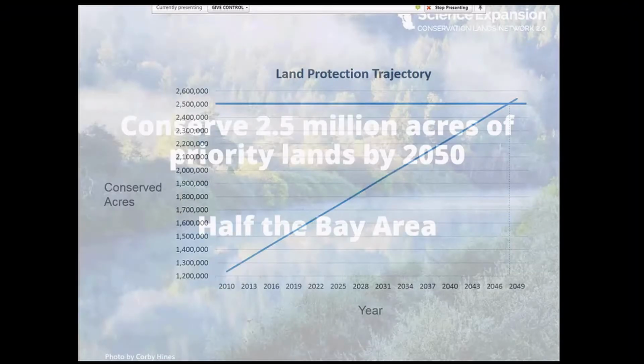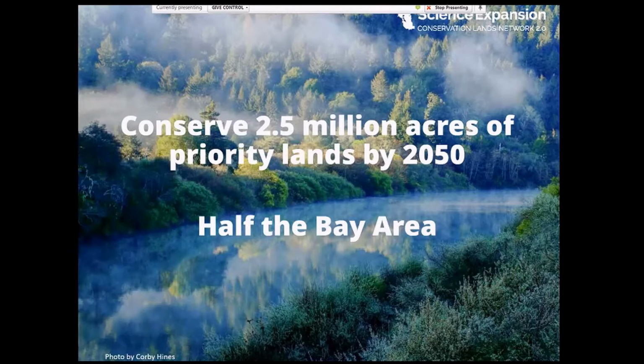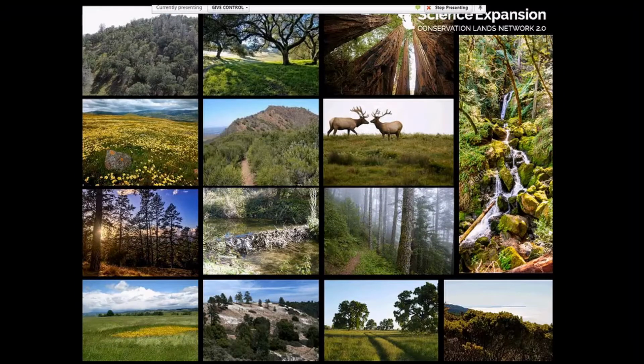And we're interested in promoting not just this idea of 2.5 million acres, but 2.5 million acres of the right places, the places that represent the full diversity of habitats that exist in this region.